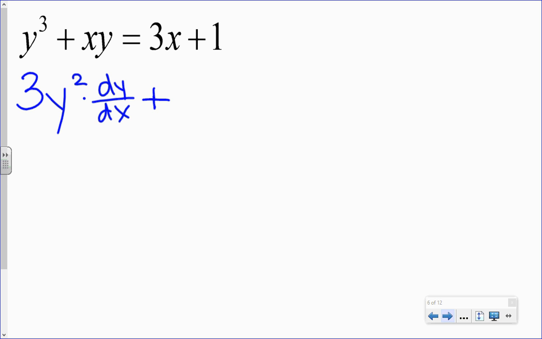Well, what is xy? It is a product, which means we need to use the product rule. So the derivative of x is 1 times y plus x times the derivative of y. Well, the derivative of y is 1 dy dx.